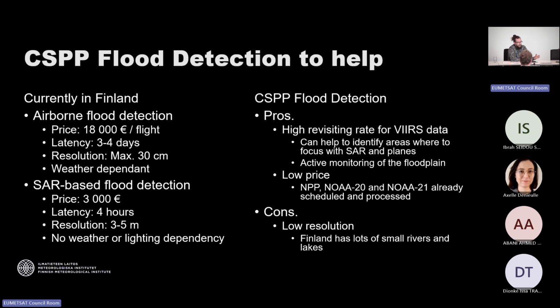We could maybe monitor the places more constantly and then focus on certain places where, for example, we take a more accurate radar image. Of course, there is a little bit that is worrying me, because Finland has a lot of small rivers and lakes, and I need to test whether the resolution of VIIRS is good enough and see how it works.